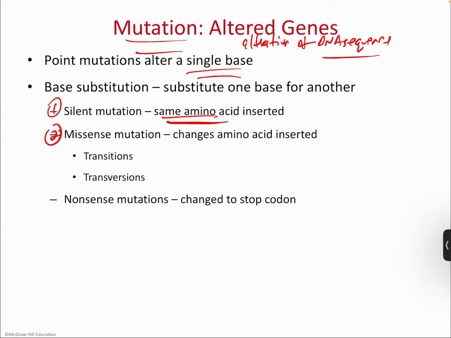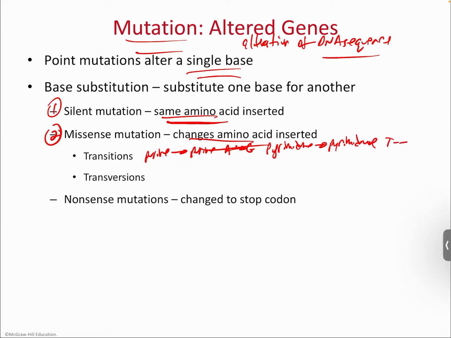Now, what happens if it does change the amino acid? This is going to change your amino acid designation from one amino acid to another. Well, we have 2 different types. We have what's called transitions, which is essentially when you change a purine to a purine. So that's an A to G type of situation, or a pyrimidine to a pyrimidine, right?